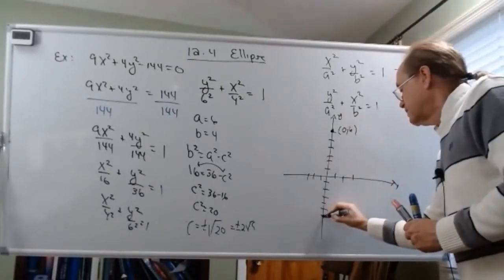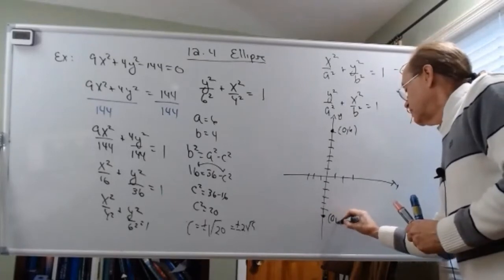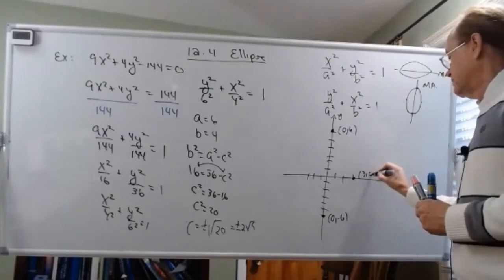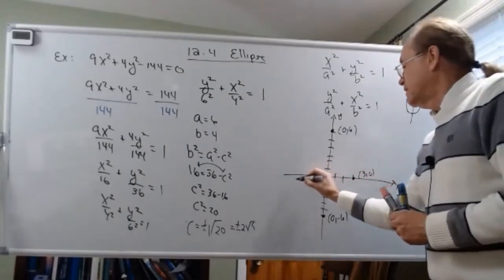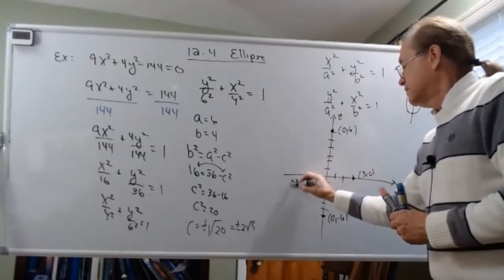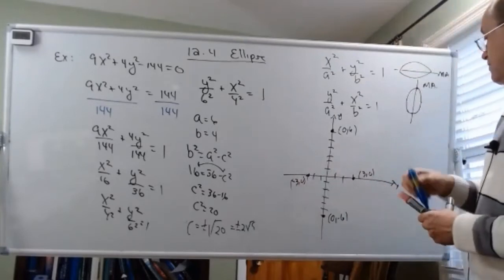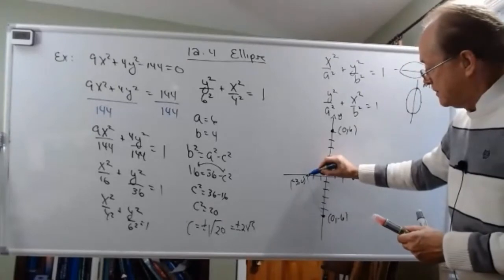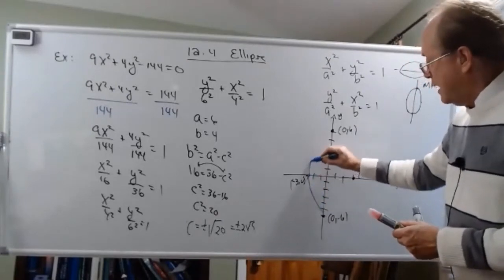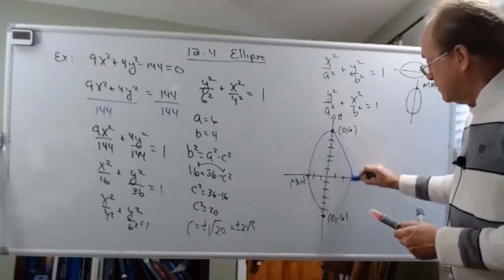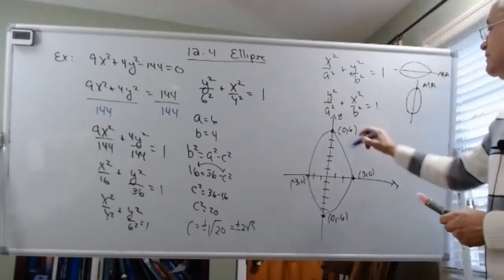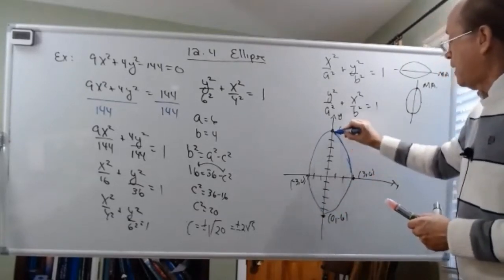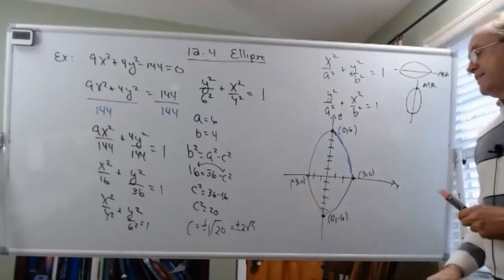Here's my other vertex, 0, comma, negative 6. Along this way, I have 3, comma, 0, and then over here, I have a minus 3, comma, 0. I don't have it on the grid too well, but it's something like this. But we still want to find and at least plot and draw where the foci are. Be a little bit rounded, if you will.